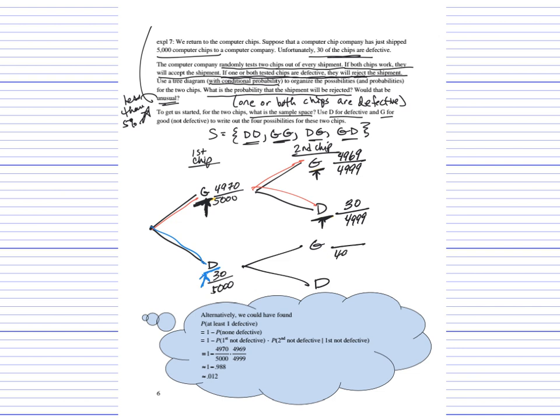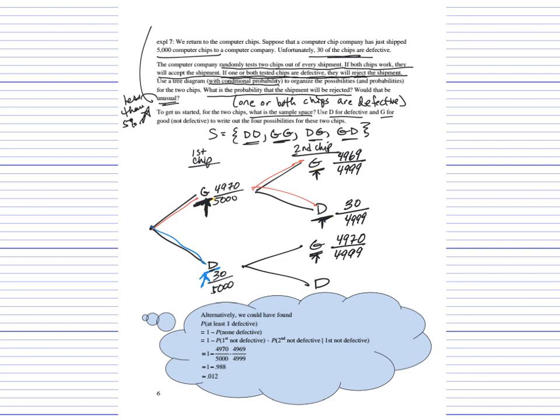So what's the probability that the second one is good? Well, first of all, there's 4,999 possibilities left, right? Because that first chip is gone. The first chip was defective. So one of the defective chips is gone, leaving me, as far as how many good ones there are, 4,970 of those, yeah?